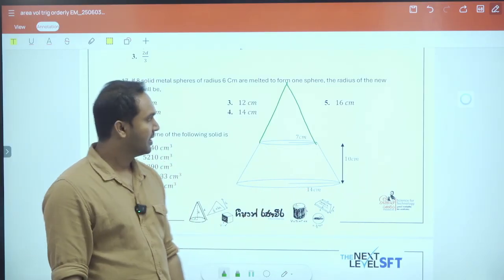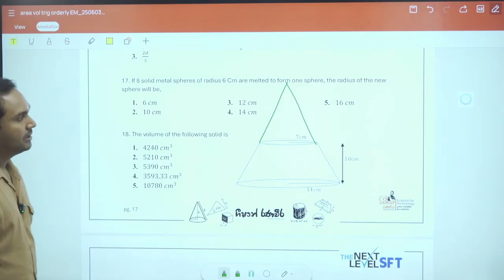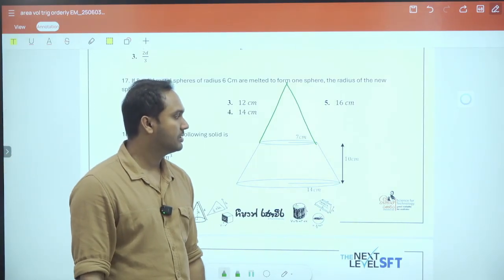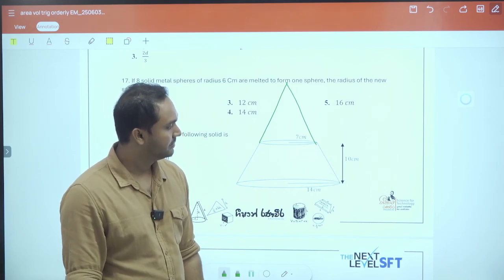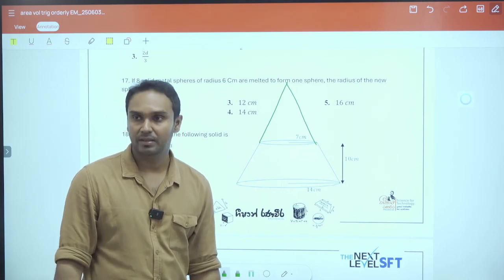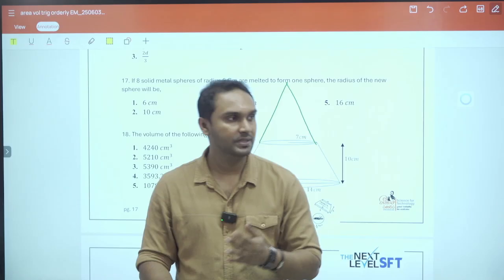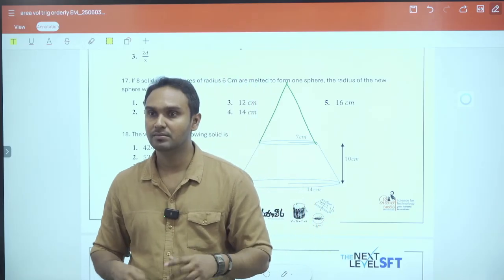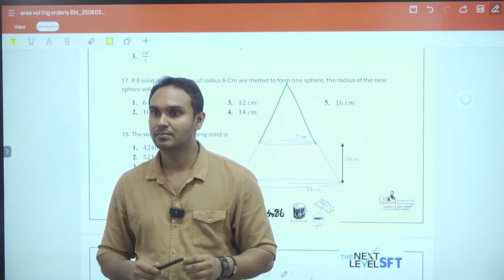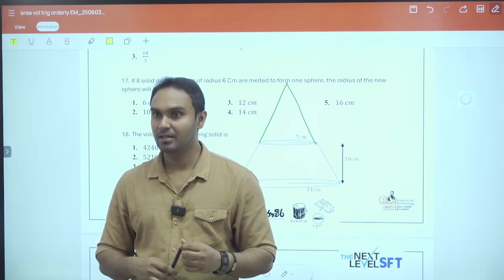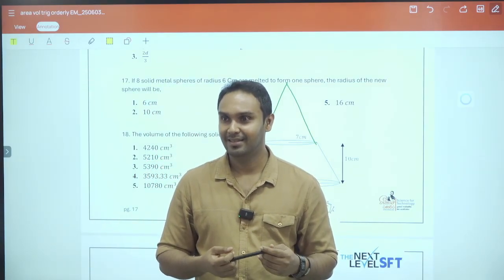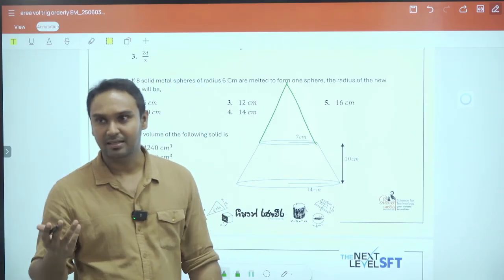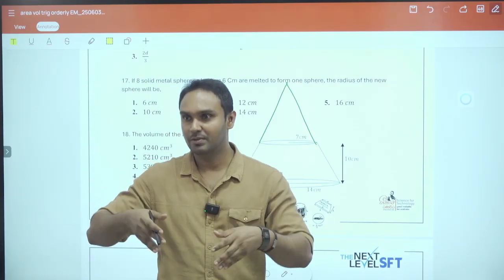To find the large cone's volume, what is lacking here? Tell me the volume of a cone first. One-third pi r square h. Yes, that is like one-third of the uniform object as we discussed earlier.